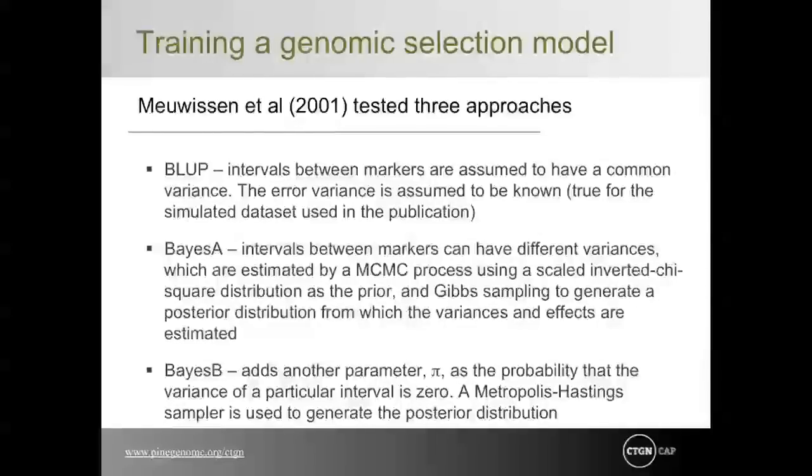Meuwissen and co-authors tested three approaches for analysis of genetic variance using genotypes at thousands of marker loci and compared those three approaches to a standard least squares method. One of the three approaches was based on BLUP and required the simplifying assumption that each marker or interval between markers explains the same fraction of total genetic variance.